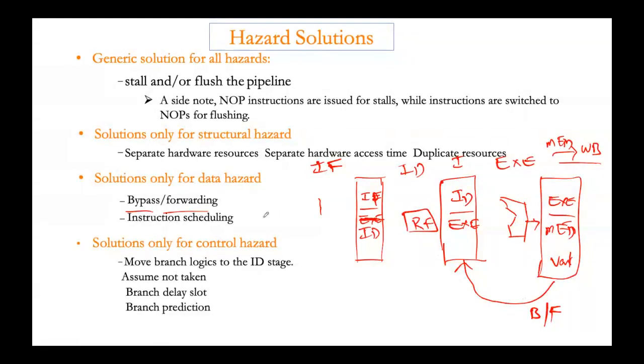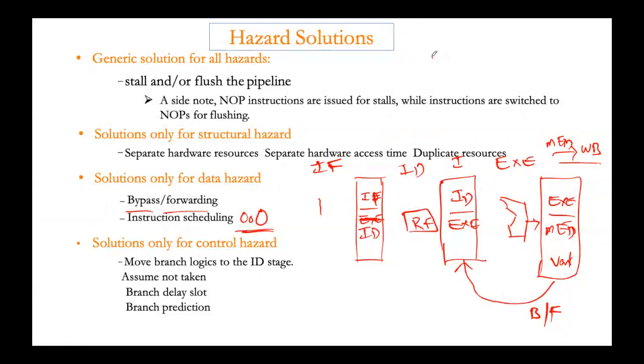Another one is instruction scheduling. If there are out of order instructions, you just schedule those instructions. Dependent instructions are taken last and independent instructions start executing.